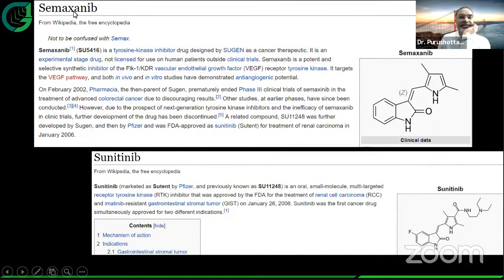Earlier, semaxinib was the compound which was put into the clinical test, but it was withdrawn because of some disadvantages or the side effects seen in the clinical trials. So the scientists further modified this compound, and sunitinib got an approval in 2006. It is the first cancer drug simultaneously approved for two different indications.